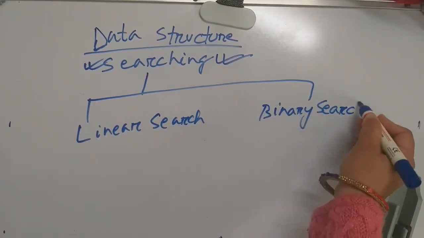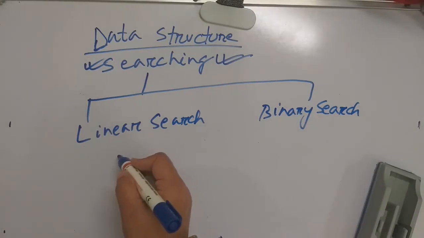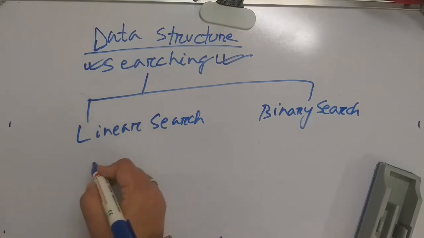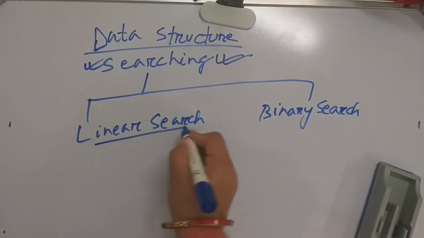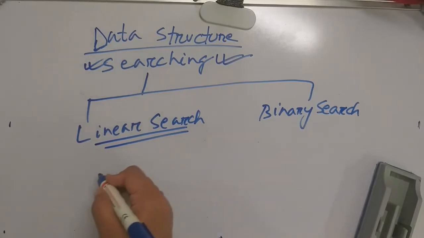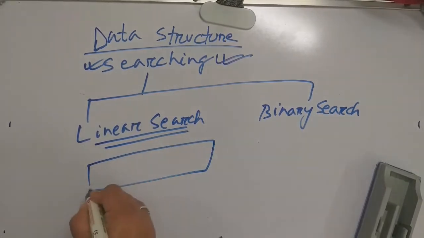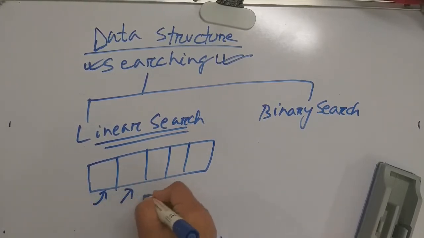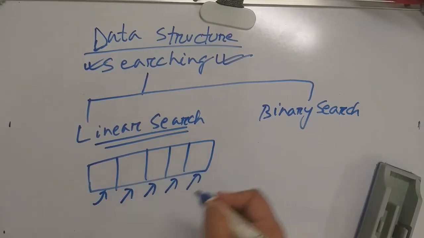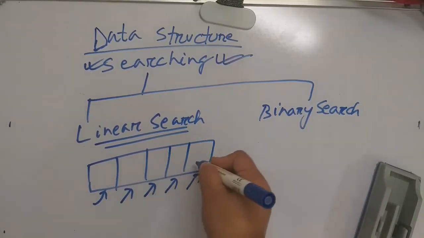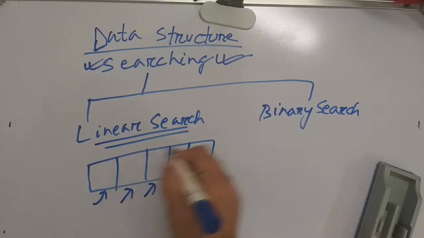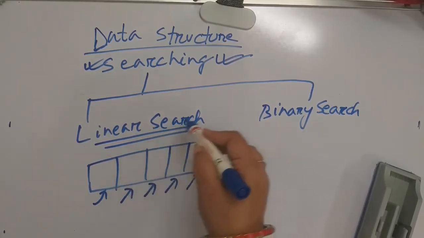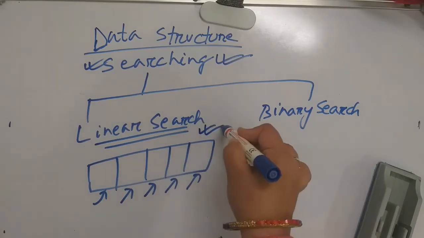Linear search means we search the list linearly, one item after the next. First we search the first item, then the second, then the third, then the fourth, then the fifth. Whatever the number of items, we search each and every item, and find whether the item is present in the list or not.